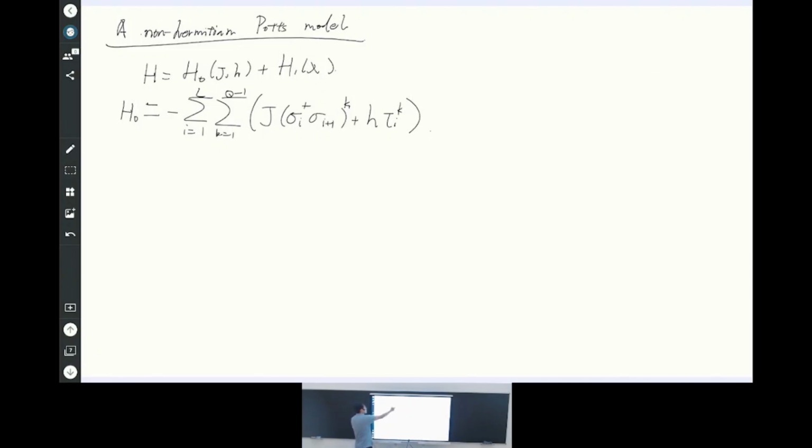And we add a new term, H1 here, with summation of k1 and k2 from 1 to Q minus 1, and here this is tau_i^{k1}.